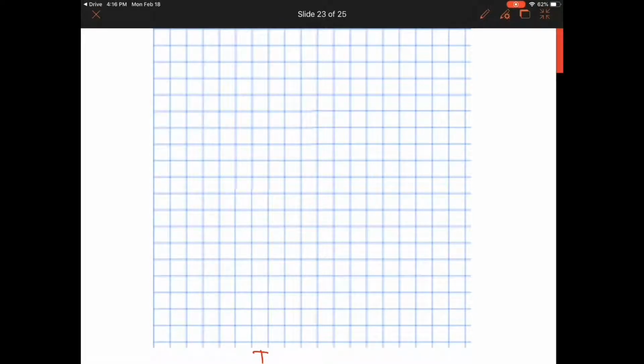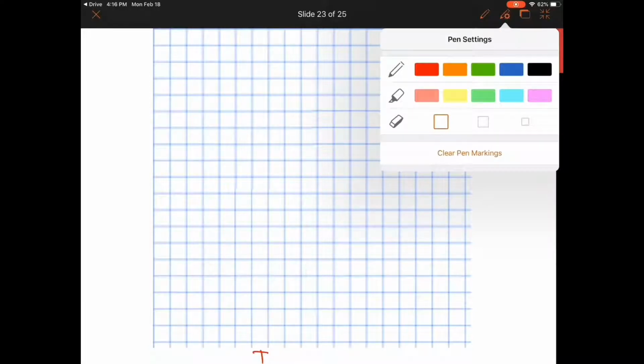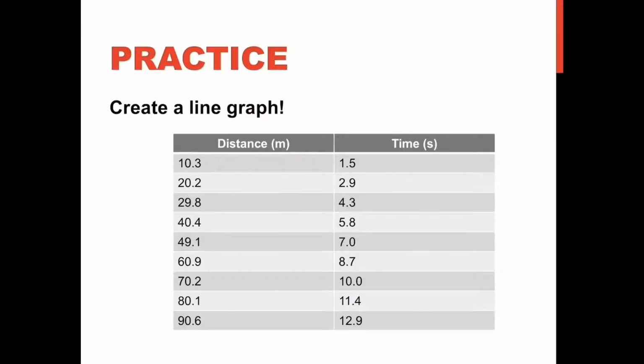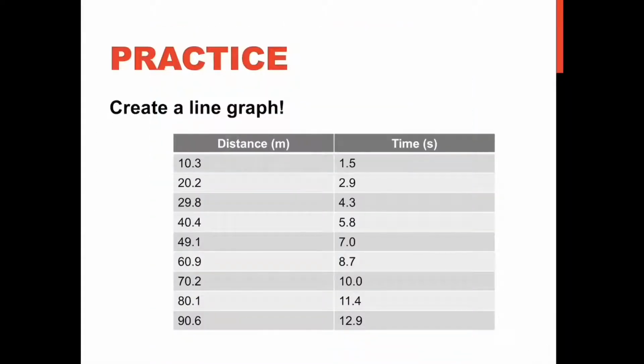So we're going to put time down here on the x-axis. Unfortunately, I don't have enough room, so I'm going to put it over here. All right, and so then we also have distance. Distance, remember, is what is being affected by the time. So that's going to go on my y-axis.